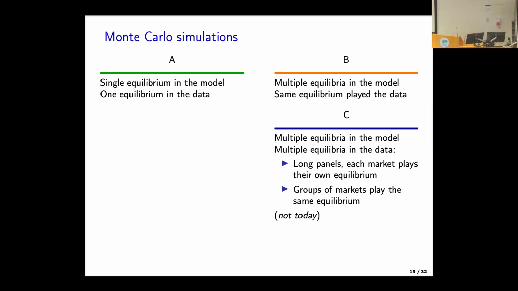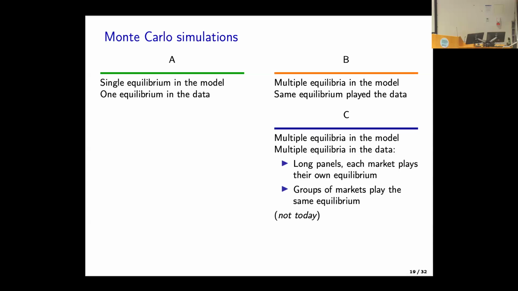We're going to start with that, and then add multiplicity of equilibria in the model, and allow the same equilibrium to be played in the data. And then we look at multiple equilibria in the model and multiple equilibria in the data. That's work in progress.